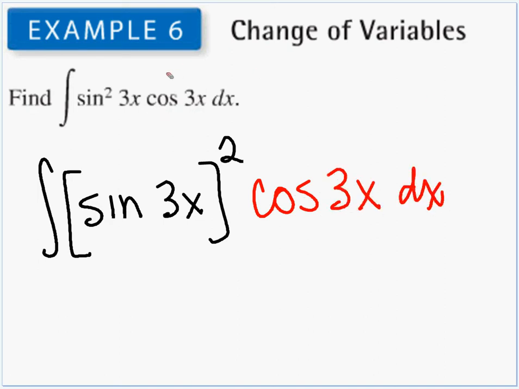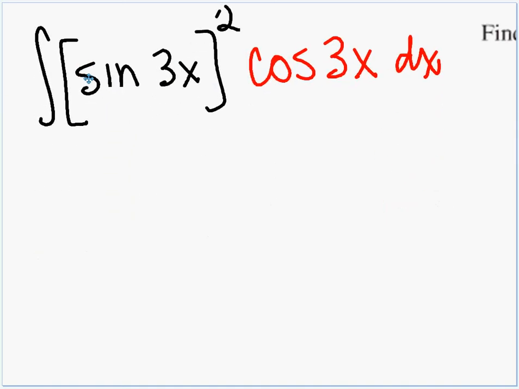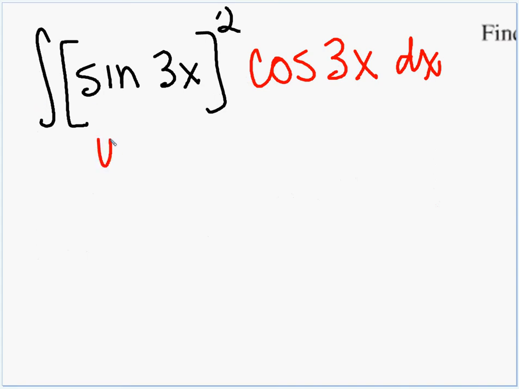So we tried 3x as the inner function, and it didn't work because of this cos. What if we let u equal everything in those black brackets? What if we let u equal the sine of 3x? Well, the derivative of u would be du dx.